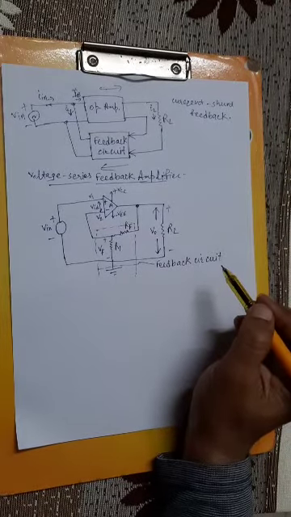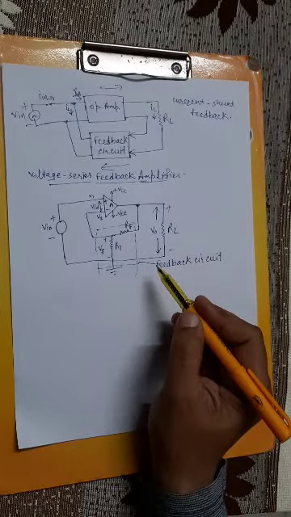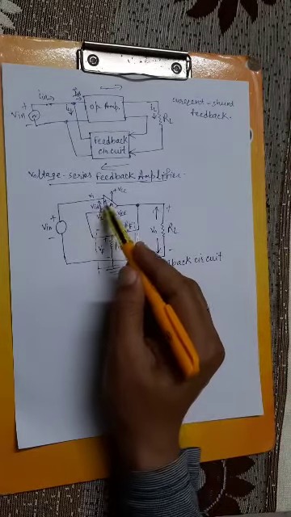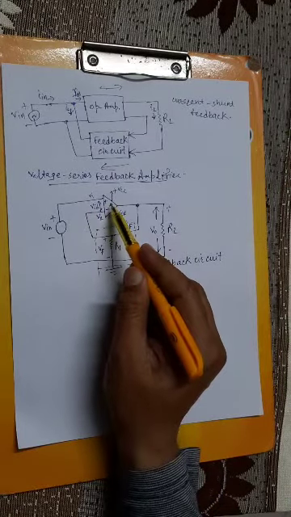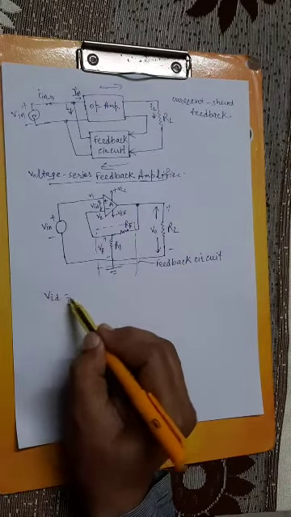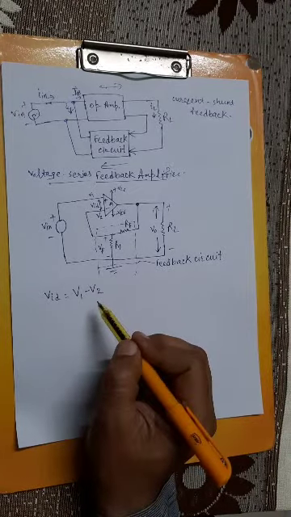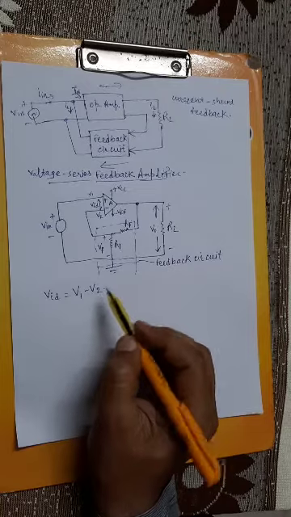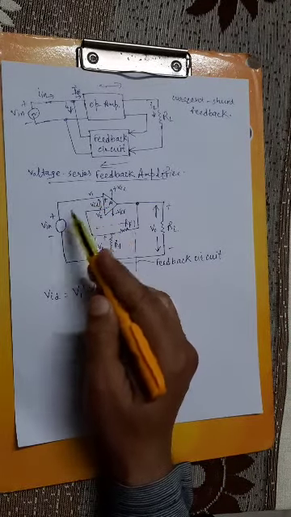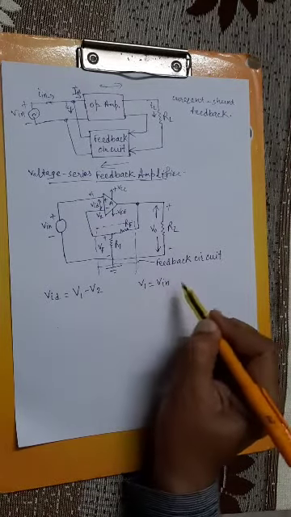Okay, now you can see the difference voltage is applied to the input terminals of this op amp. It means you can write VID is equal to V1 minus V2. Okay, now on V1, what is the voltage applied as V input? V1 is equal to V input.